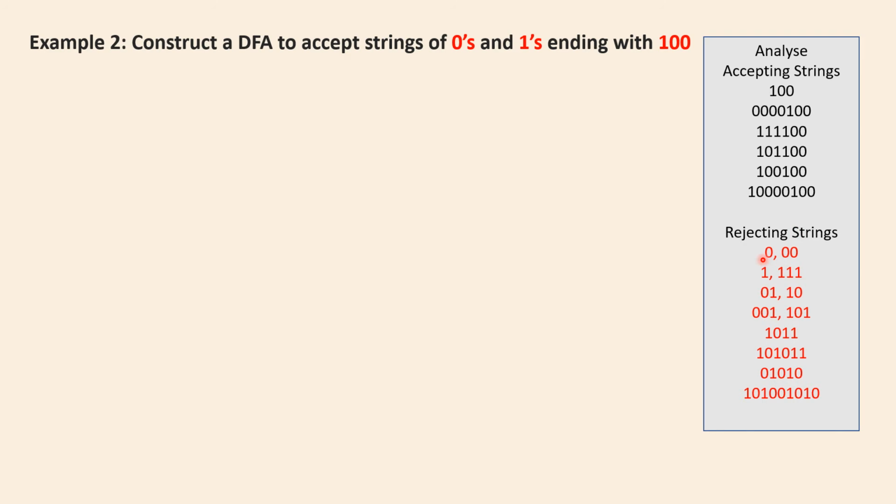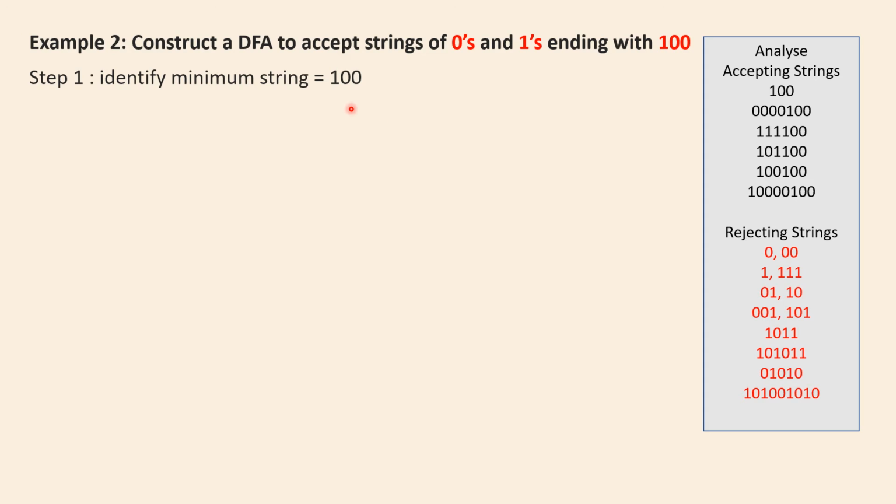If I have only 10, or 00, or 1, or 111, or 01, or any strings that are not ending with 100. Strings ending with 011 have to be rejected. Ending with 010 rejected. 001 rejected. It should be accepted only if it is ending with 100.